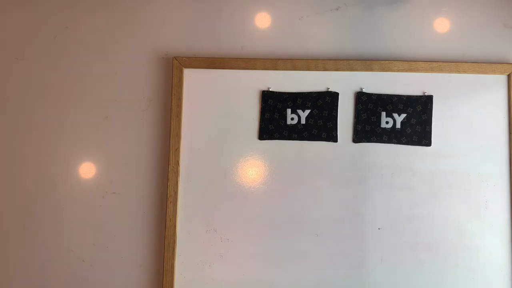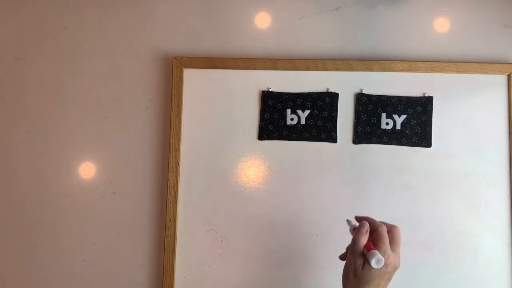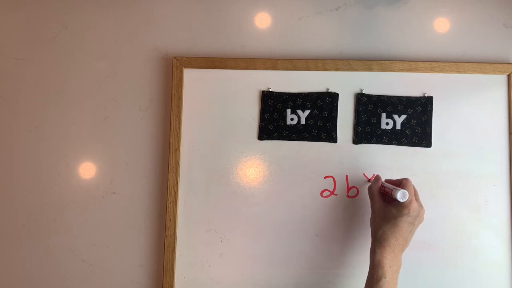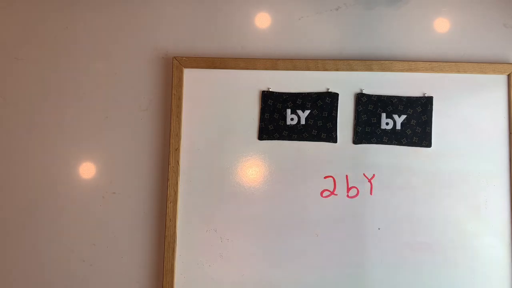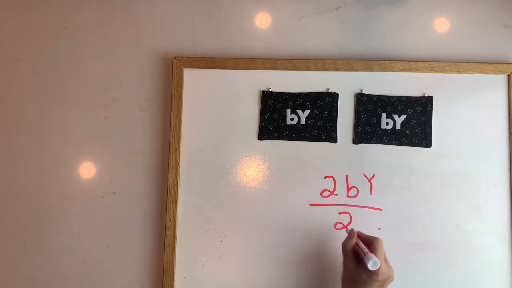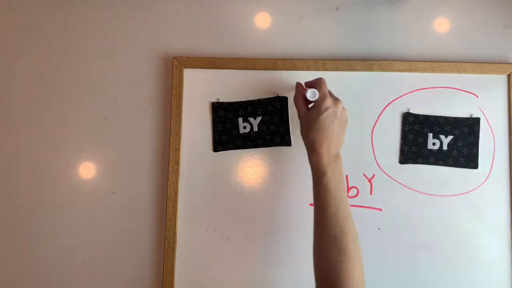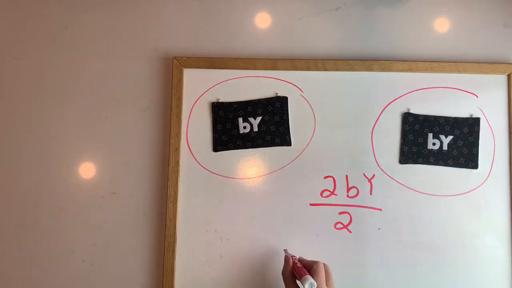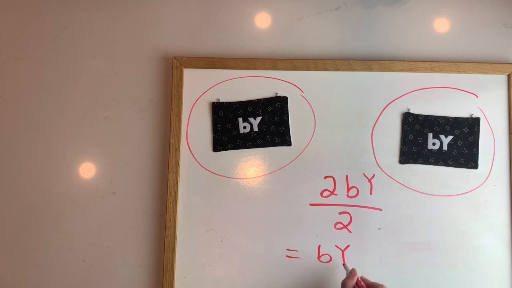This is one way we can consider dividing. Here we have 2by. 2by divided by 2 will give us by.